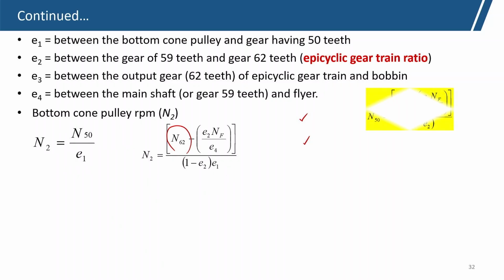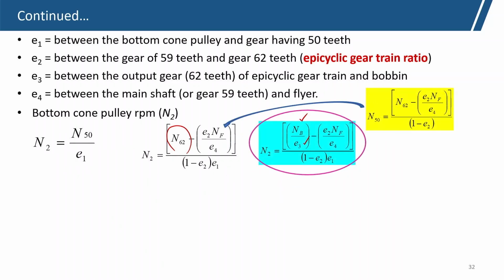So, N62 we can here replace by NB by E3. Now, we can see this N2 is related with NB, the relationship between N2, the bottom cone drum pulley, and the bobbin speed is related in this fashion, where E1, E2, E3, E4 are constants.